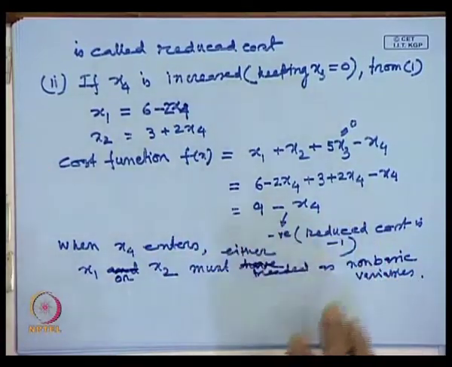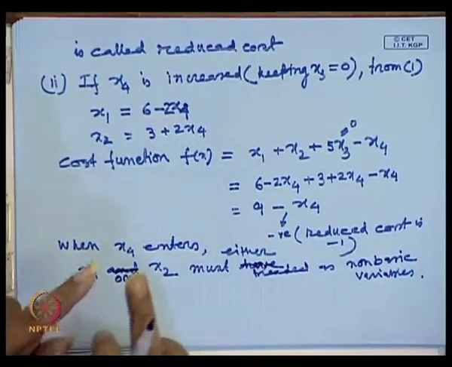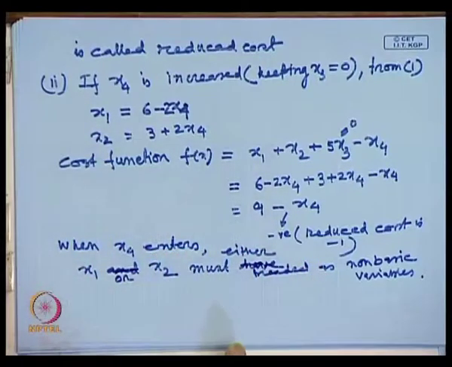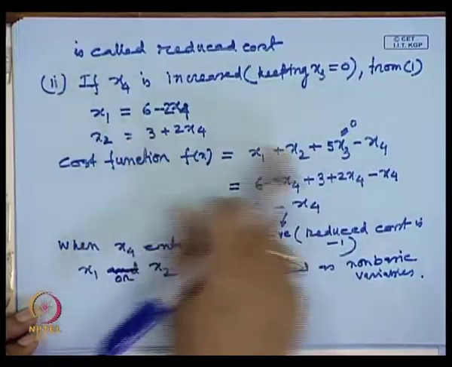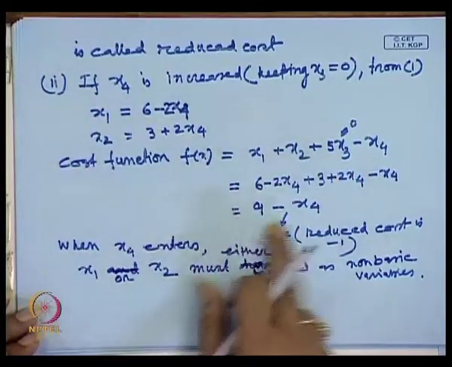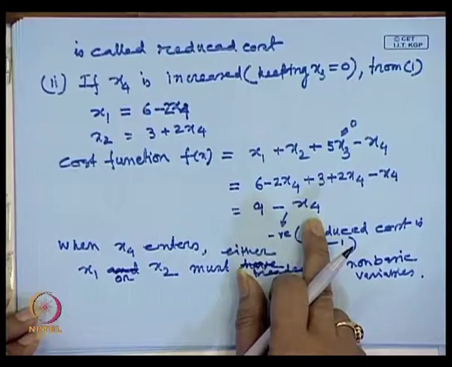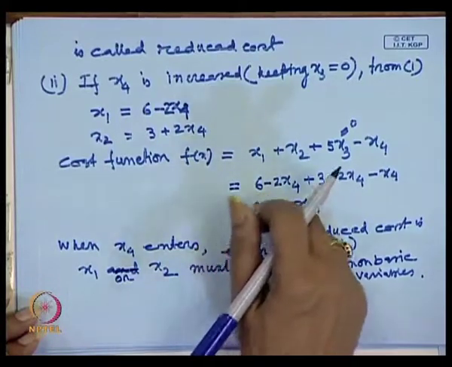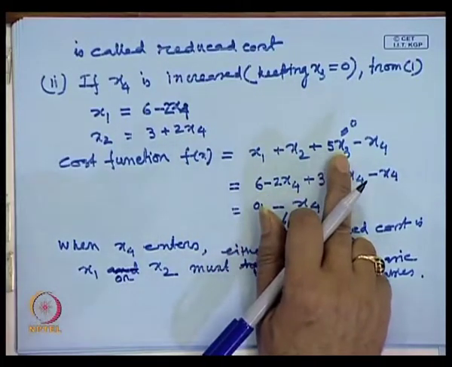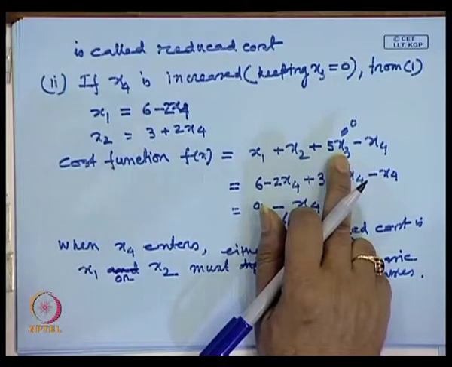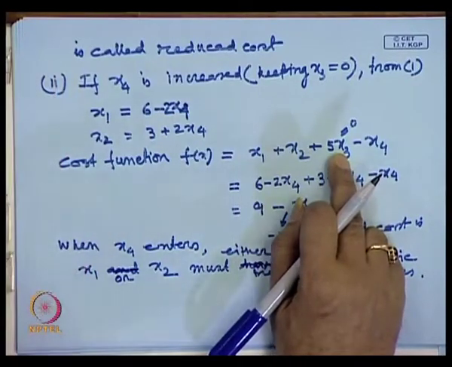We have mentioned earlier, if you remember, that if you have n variables and m equations, then n minus m is the number of non-basic variables and m is the number of basic variables. So, there are two basic variables that we have considered, and the objective function value is reducing. Which are the two we have considered till now? x3 is entering as a basic variable.